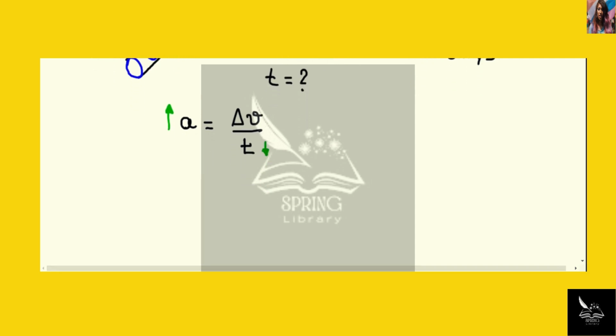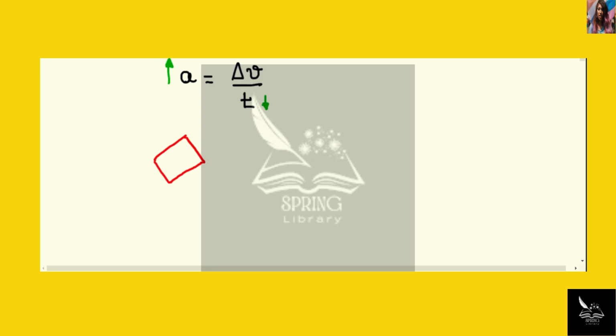Okay, so in order to solve this exercise, we need to draw the force diagram on the block. So here we have the block. The forces that act on the block are the gravitational force that acts downwards.